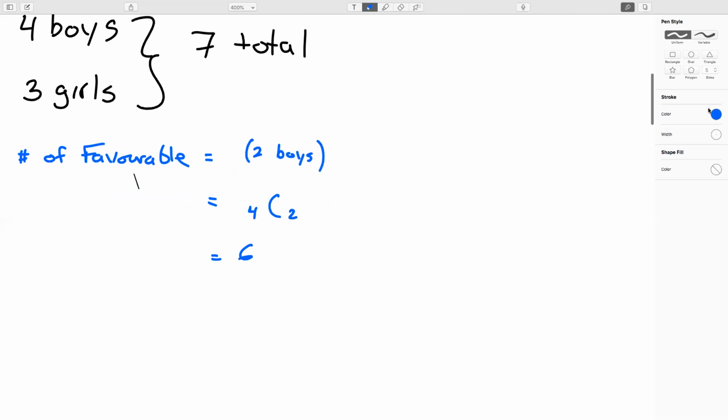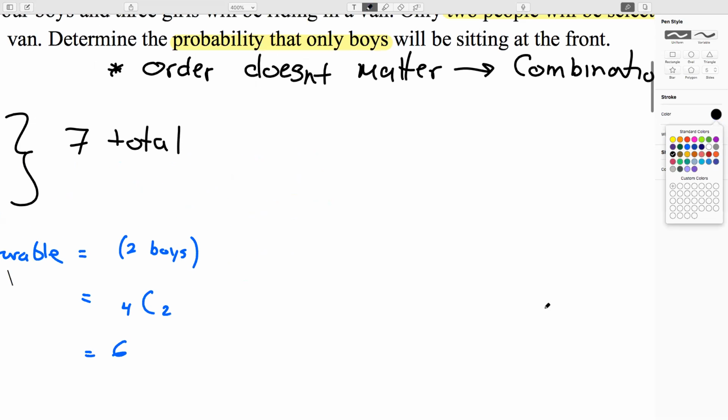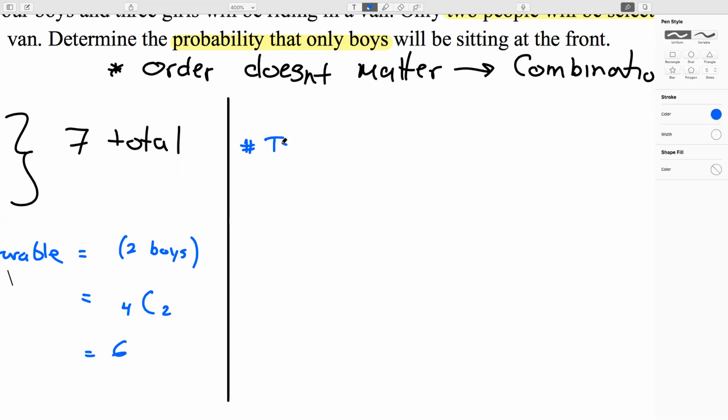We now have to calculate the total number of outcomes. The number of total outcomes is the number of ways to pick 2 people, period, regardless of whether they're male or female.